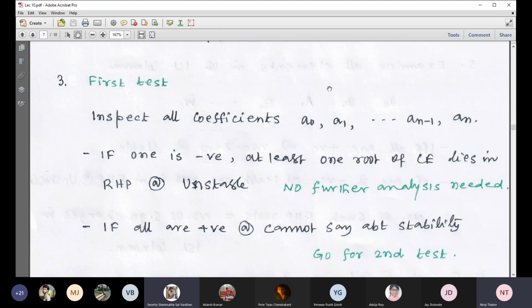Like Friday, you can take 1 or 2 hours of extra class in the afternoon slot, and conduct the test in one of the class hours itself. Yeah, no problem. It's okay. Okay, sir. So Tuesday is fine. Yes, sir. Then no problem. I will take it on Tuesday. Okay. Thank you, sir. Yeah, thank you.